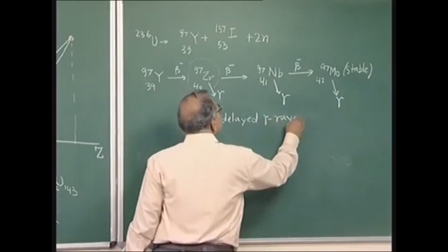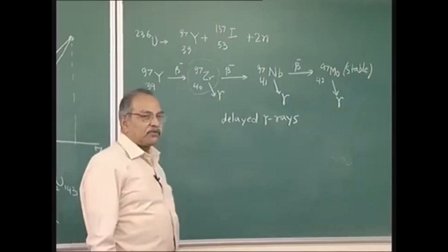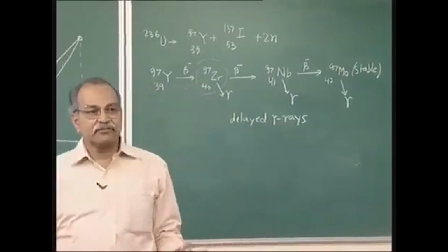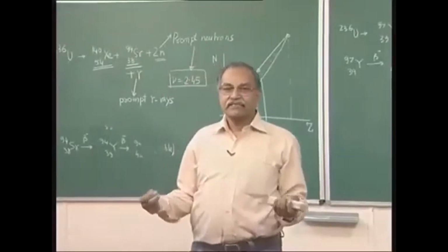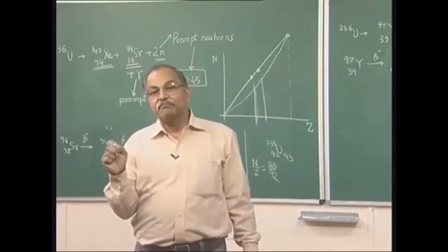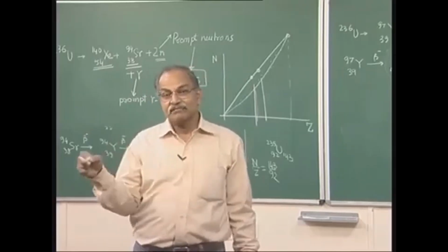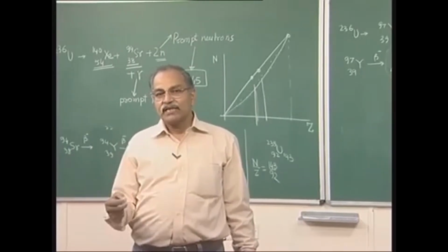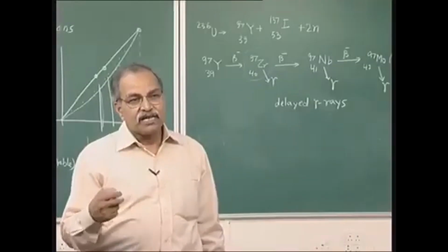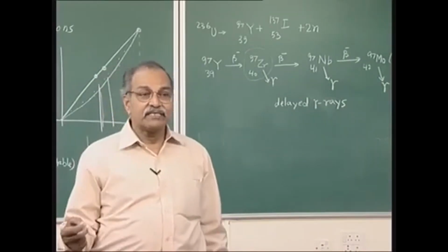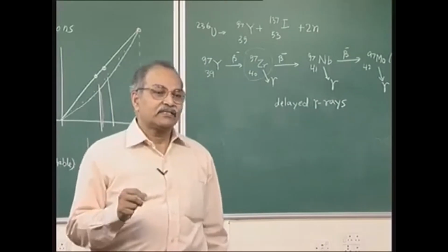Prompt gamma rays come just after the fission, from the fission fragments, and delayed gamma rays come from the products of the beta decays. These fragments beta decay to convert a neutron into a proton, and the daughter nuclei created emit gamma rays known as delayed gamma rays.